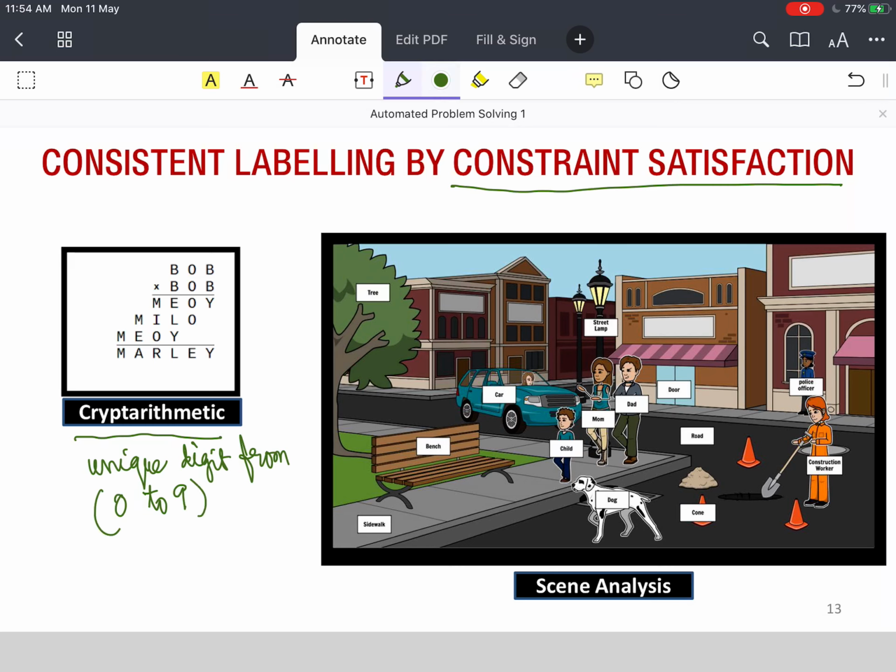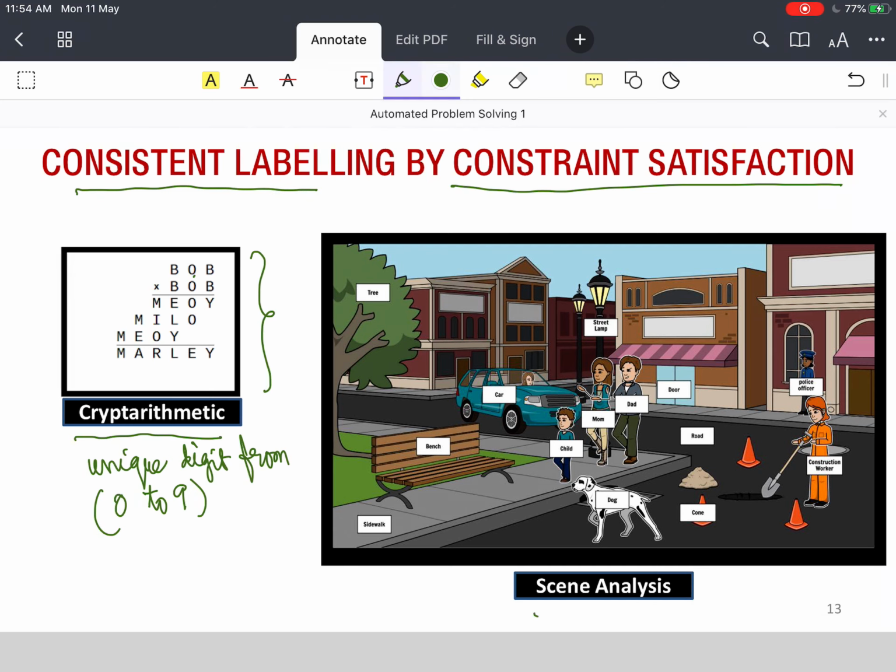So I have to now map O, B, M, E, Y, I, L, R, etc. to a unique digit. No two letters can have the same digit, and I have to solve this multiplication problem. So this is a cryptarithmetic problem where I need to do a consistent labeling.